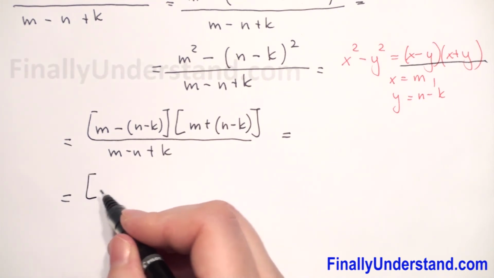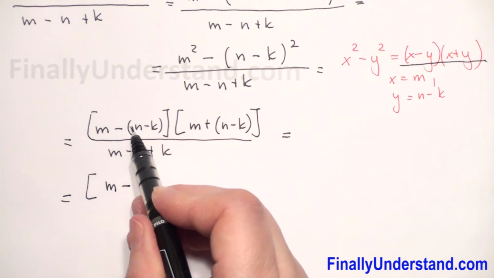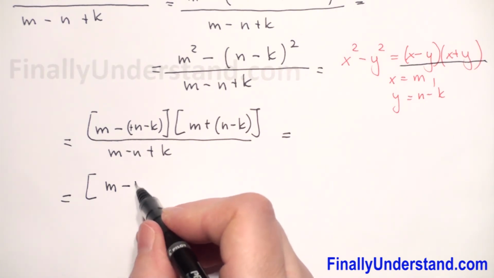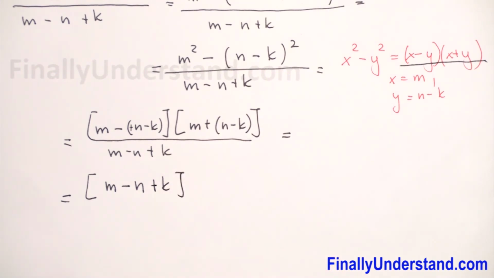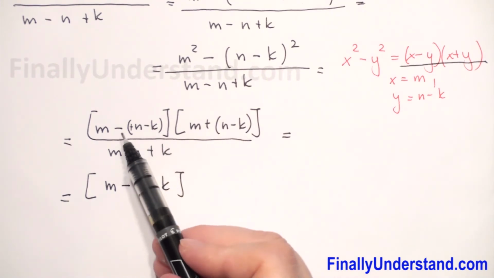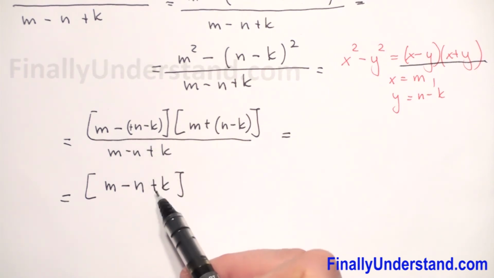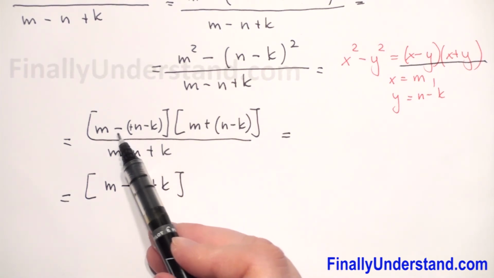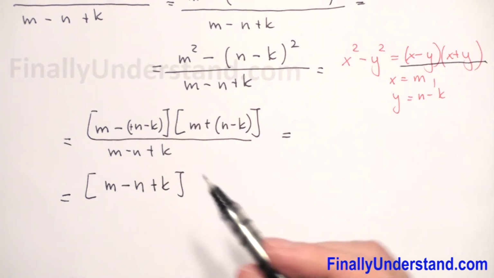So let me write the brackets. We have m to copy, minus, now it will be, here is positive n, so now it will be negative n. Negative and negative give me positive k. This is our first brackets. One more time. Negative and positive, so it will be negative. Negative and negative, so it's positive. It's like negative times positive, negative. Negative times negative is positive.